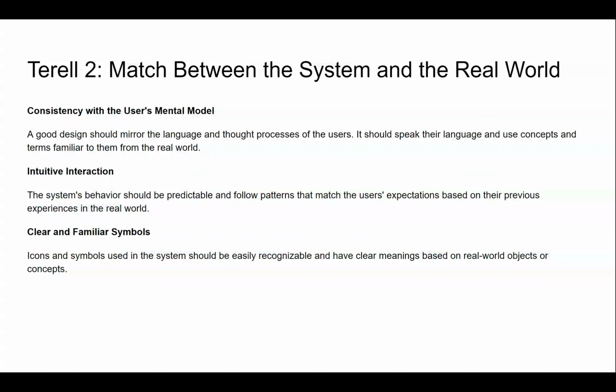But let's just say that we're using a poor example. In this example, it doesn't go to that page. It might actually take you outside of the app, which makes no sense. It's not being predictable, nor is it following any patterns.